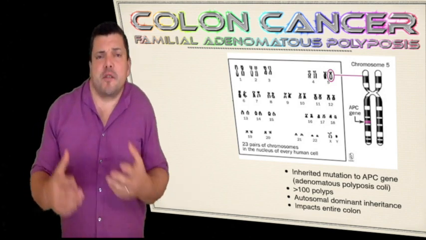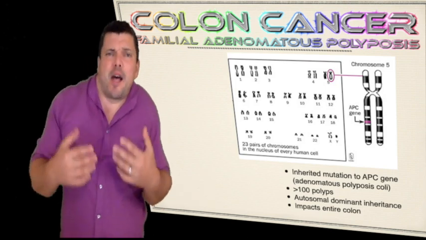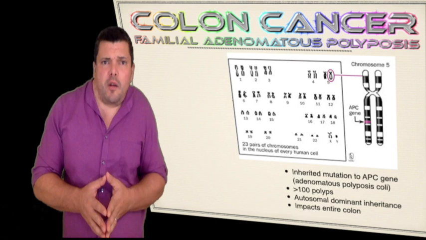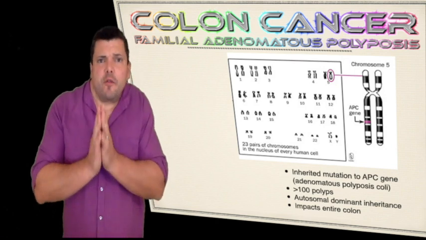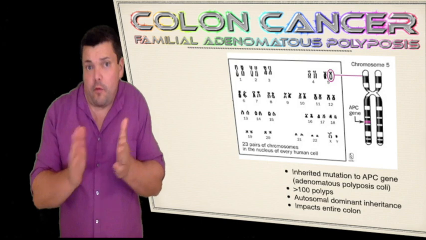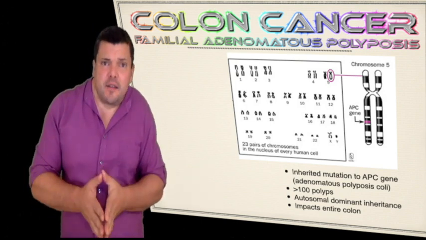This condition has an autosomal dominant inheritance pattern, and the polyps that are formed are throughout the entire colon. It's not uncommon for these patients to need a complete colectomy, removal of the colon, in their late teenage or early 20s.